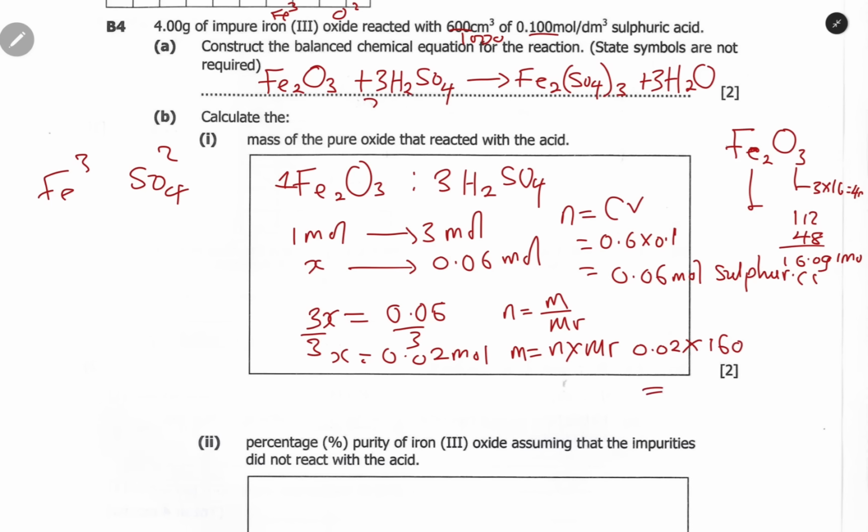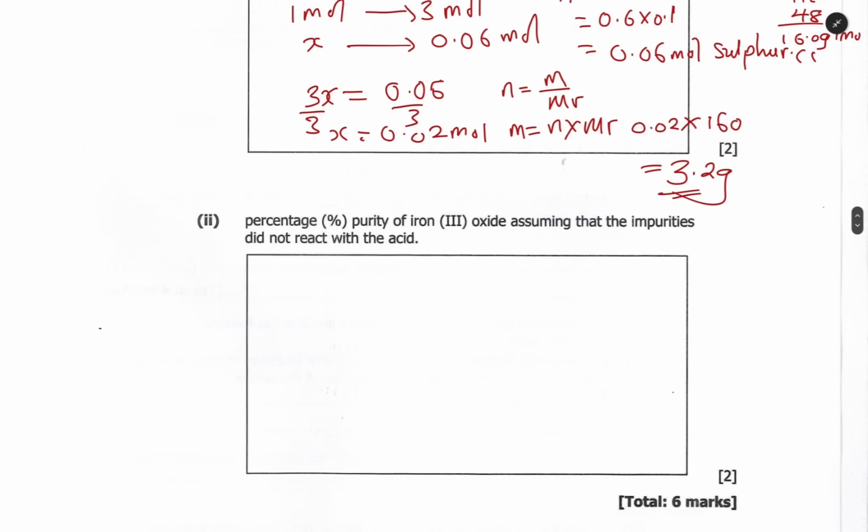Now that we found that, we can multiply. 0.02 multiplied by 160. If you multiply, we are going to find 3.2 grams. So this is the mass of the pure oxide. Then the percentage purity of iron(III) oxide.